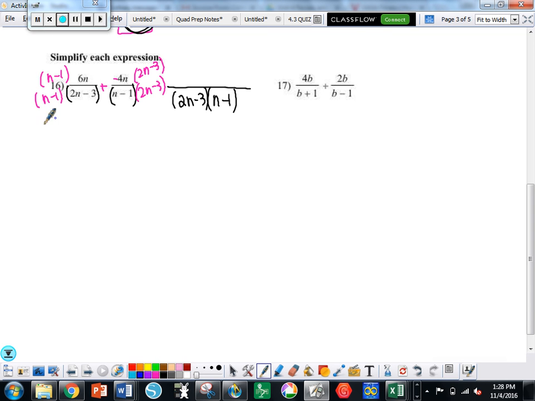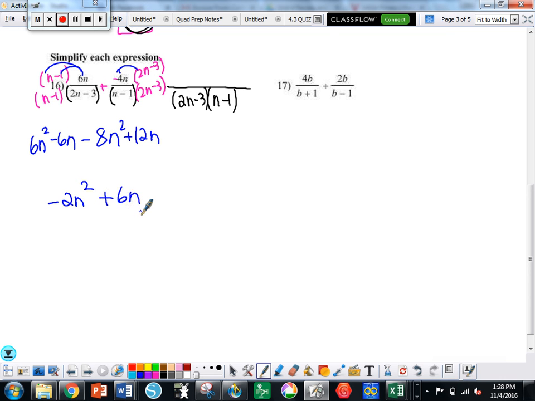I like to simplify my numerator kind of off to the side over here, and then I'll put my final answer up here. So, 6n squared minus 6n minus 8n squared plus 12n. Combine like terms, you have negative 2n squared plus 6n.